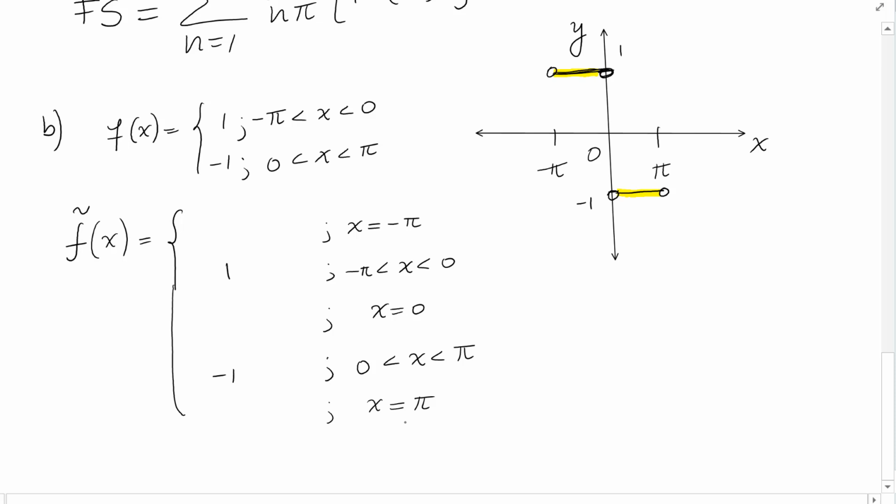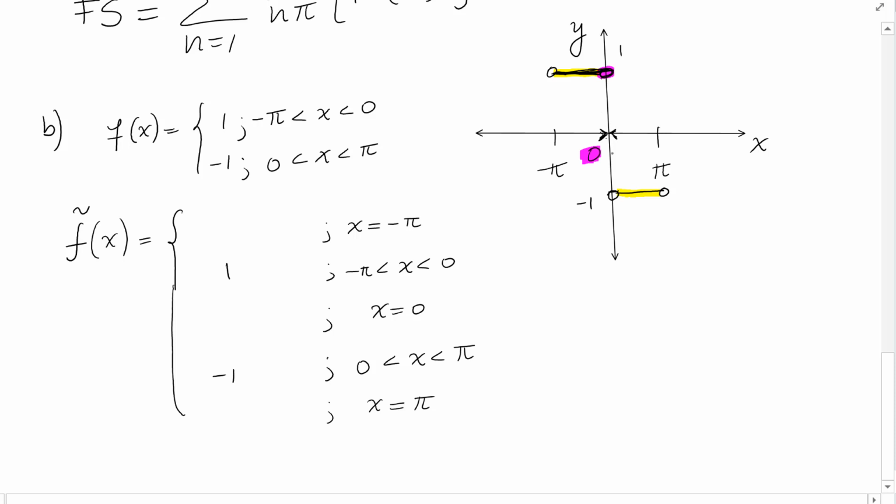So let's start the discussion. The Fourier series converges to the function when the function is continuous. But at the points where it has discontinuities, let's take a look at 0, at 0 there is a discontinuity. As we approach 0 from the left, the limit is 1.